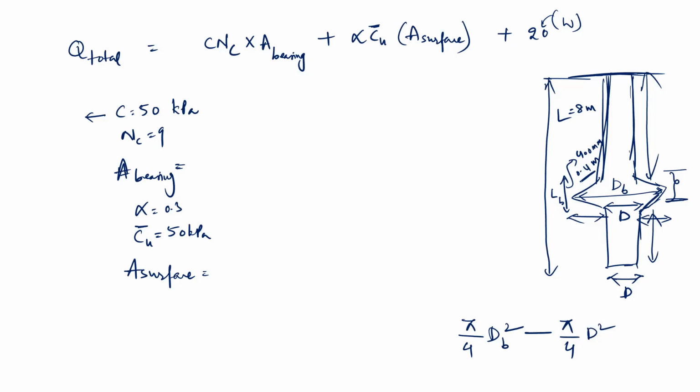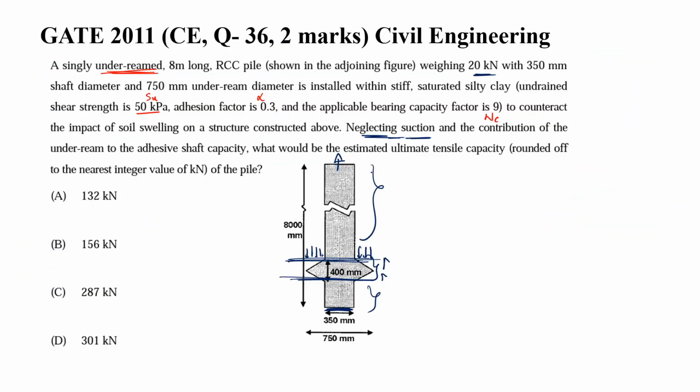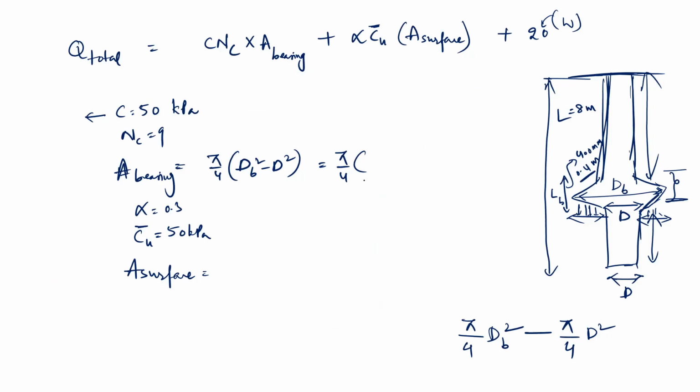That's how you get the area on which this bearing pressure is acting. So this is pi by 4 times (dB square minus d square), with dB 0.75 and d 0.35, so 0.75 square, 0.35 square. What is the value?